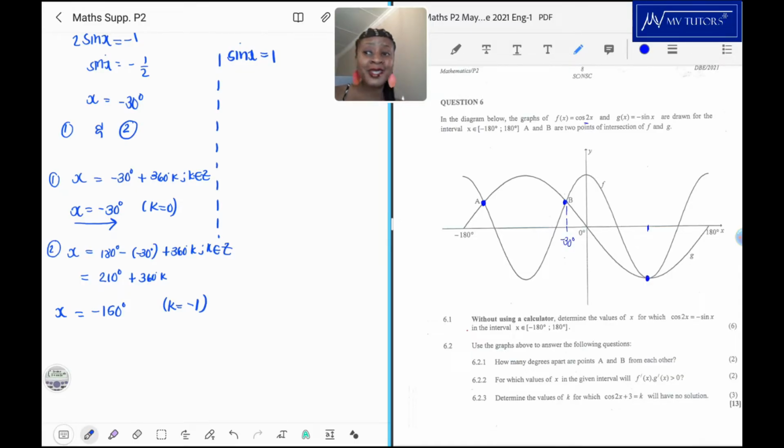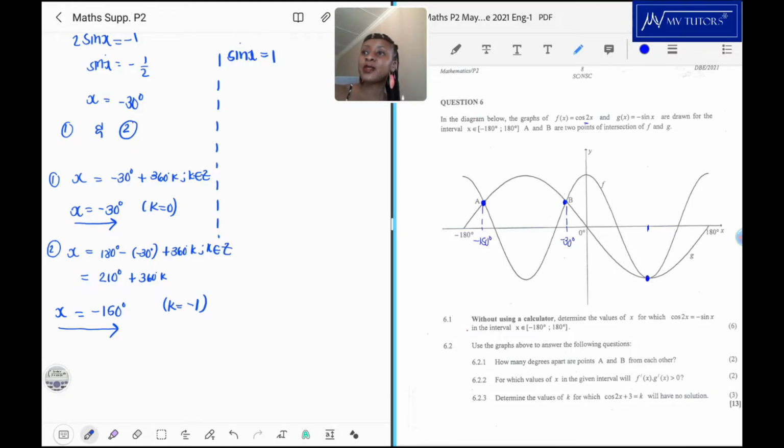But if I substitute 0, I'm going to get x is equal to 210. It falls out of the range. If I substitute 1, I'm going to get 570. So no, the only answer then would be negative 150. And I see that is where A is, negative 150.